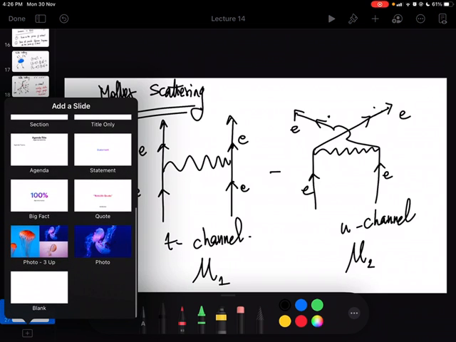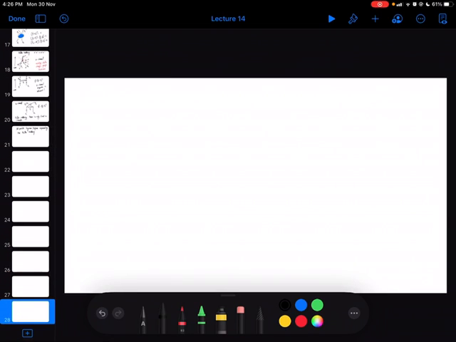Now let's go to diagram M1. Let me assign the momenta also.